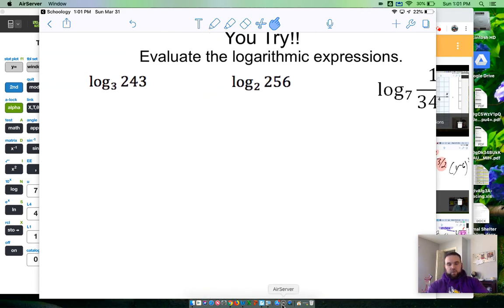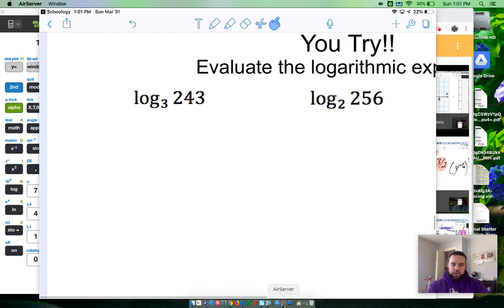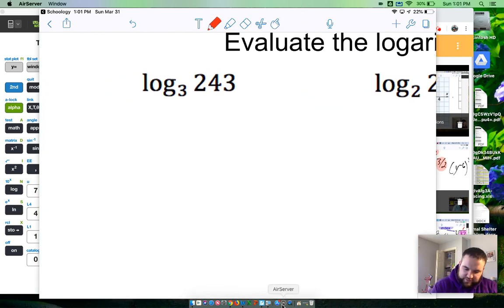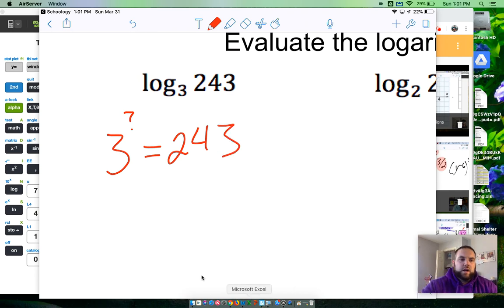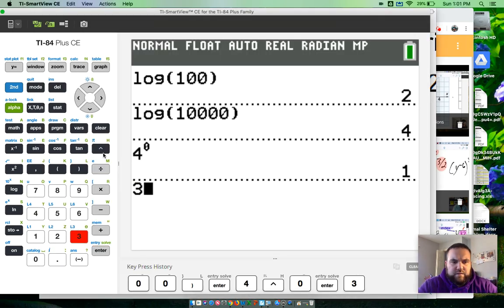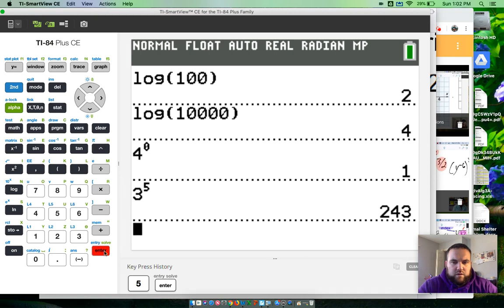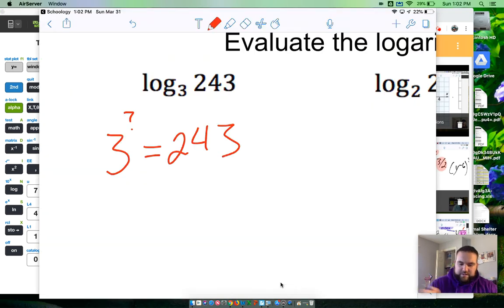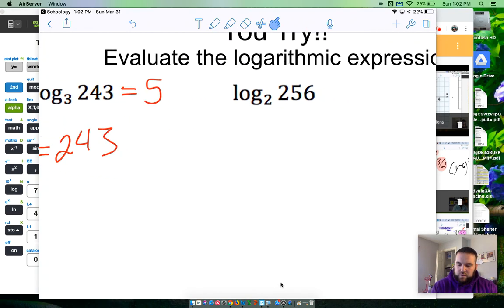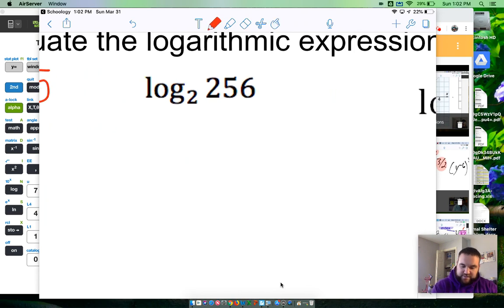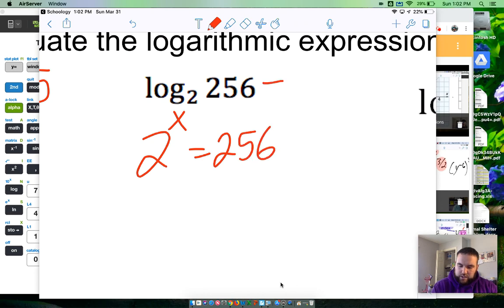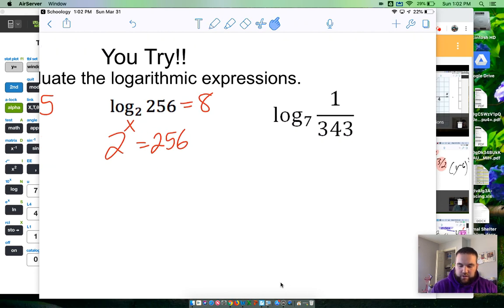So go ahead and try, if you want to rewrite it as an exponent, you can. Log base 3 of 243 would say 3 to what power equals 243. I could guess and check here. I'm pretty sure it's 5, 3 to the 5th. Yep. So log base 3 of 243 is equal to 5. Log base 2 of 256, again, you're thinking 2 to what power equals 256. That works out to be 8 if you try that in the calculator.